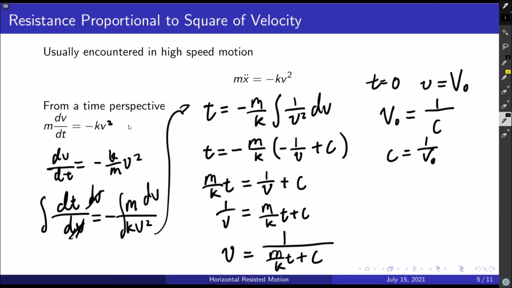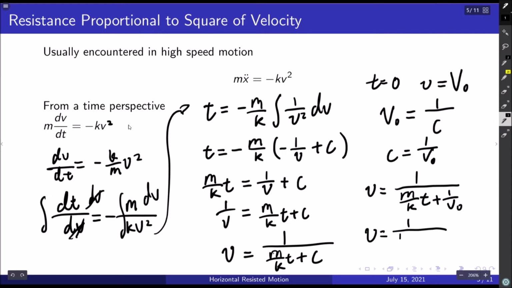If we put everything in, we have v equals 1 over m over k t plus 1 over v0. And if you really want, you can multiply everything by v0. If you don't like this, it makes no difference in the end.